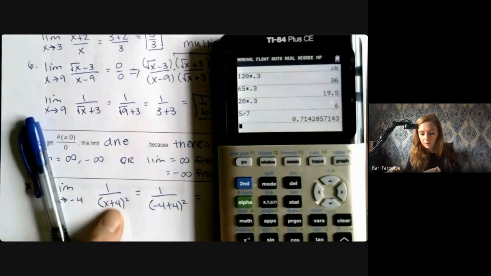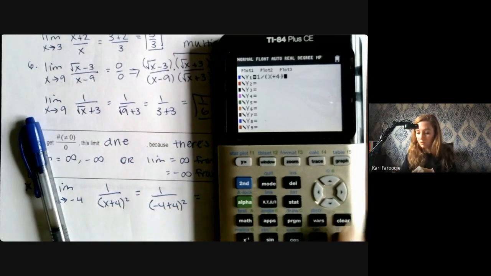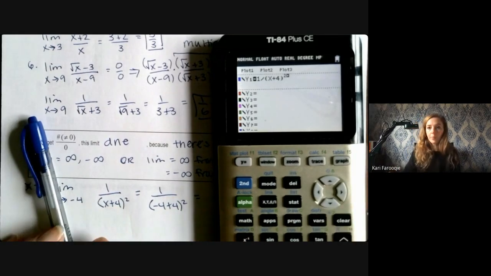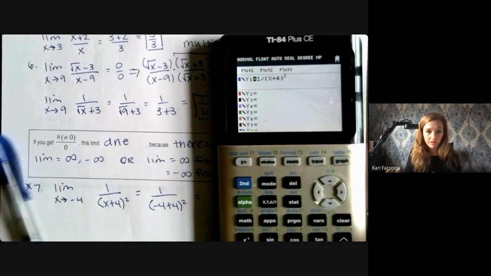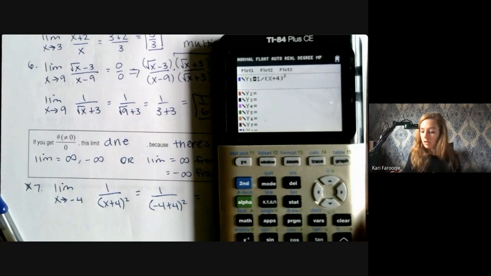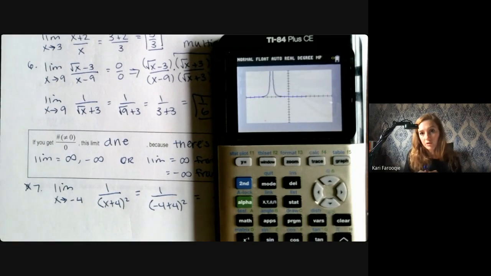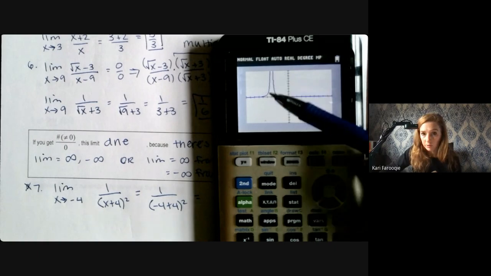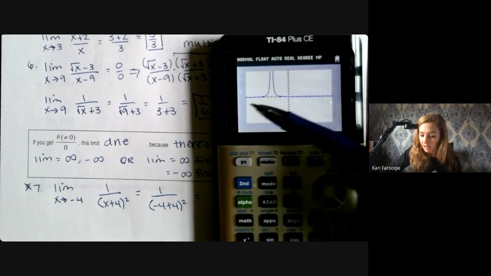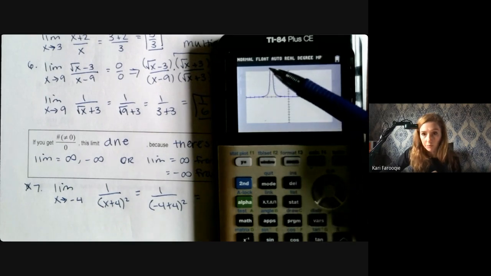So we're going to plug this function in as y equals 1 divided by (x plus 4) quantity squared. You can create a table of values, or you can look at the graph and see what's happening at x equals -4. I'm just going to look at the graph. That's the fastest way to do this. Now you can see where you've got that vertical asymptote at x equals -4. As x approaches -4 from the left, the y values just go up without bound, so they're approaching positive infinity.